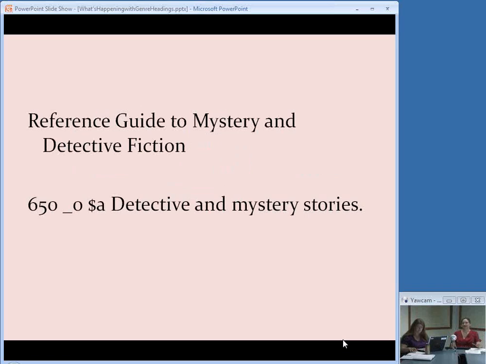And this gets into the area where it's a little bit confusing, because you can use the same term for a subject heading as you can for a genre heading. For example, if you have this reference guide to mystery and detective fiction, this is not a detective and mystery story. It's something that is about detective and mystery stories. So this is a valid Library of Congress subject heading, and this is how you would use that heading in this record for this item.